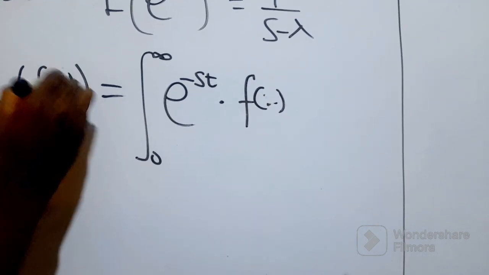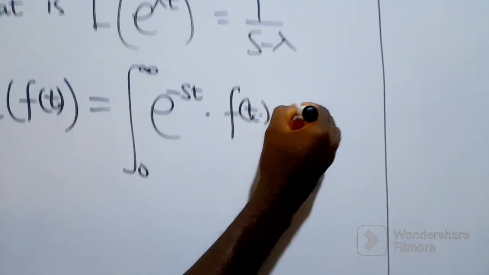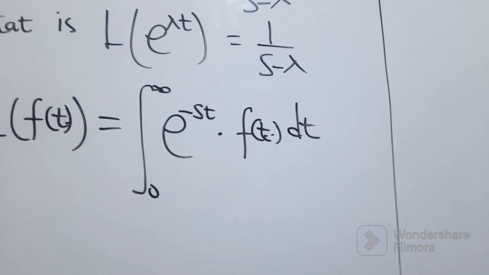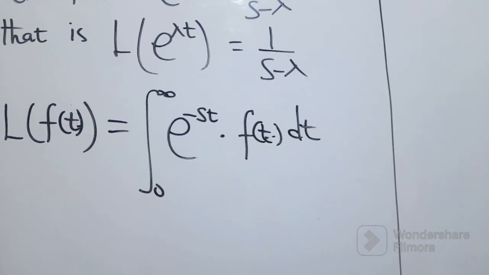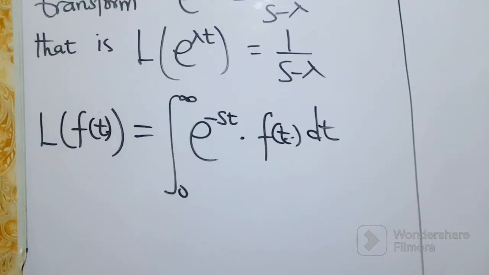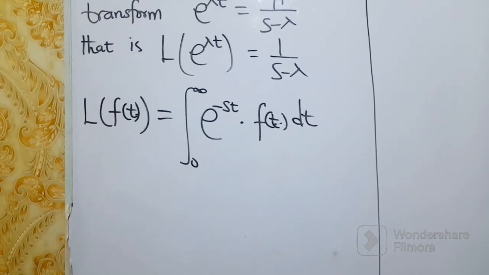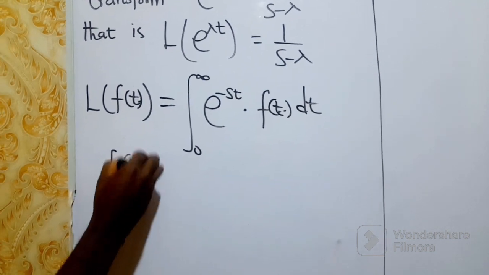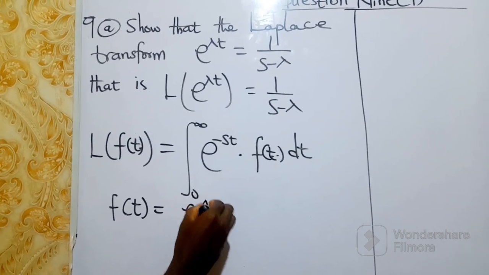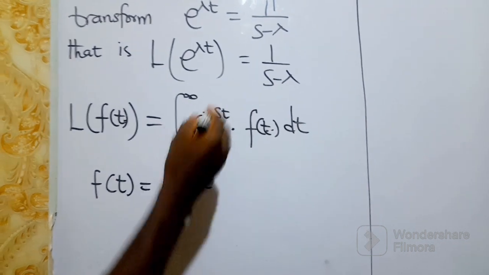Let's say t, so f of t dt. So this is the Laplace transform for any function. So we can say that our f of t here is equal to what? e exponent lambda t. So we just substitute.